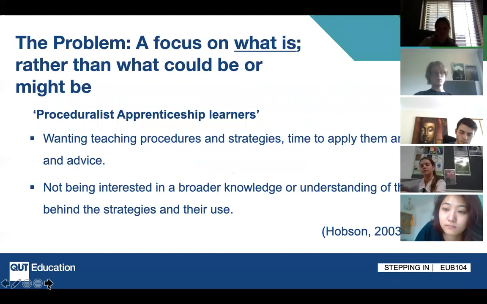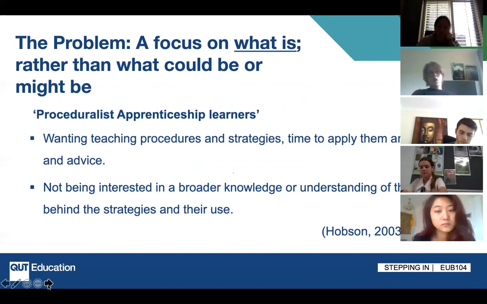All right. So I just wanted to go a little bit more in depth about this and look at some research as one of the last things we're going to do today. And I think the problem with teacher as practitioner is that when we critique this particular representation, there is often a focus on what is rather than what could be or what might be.